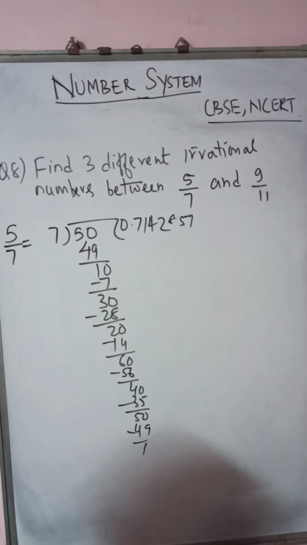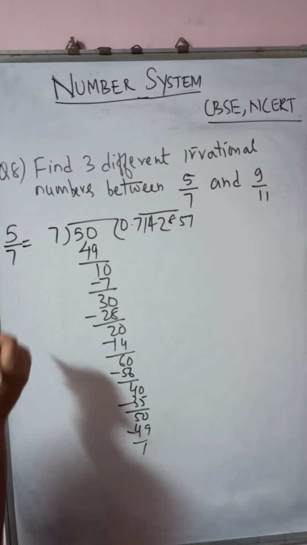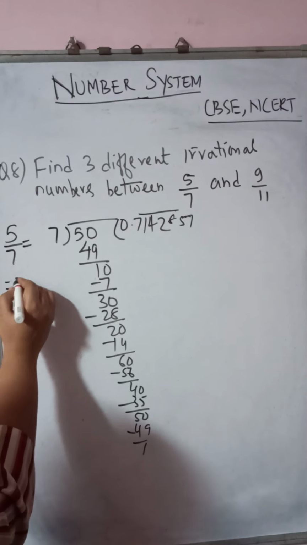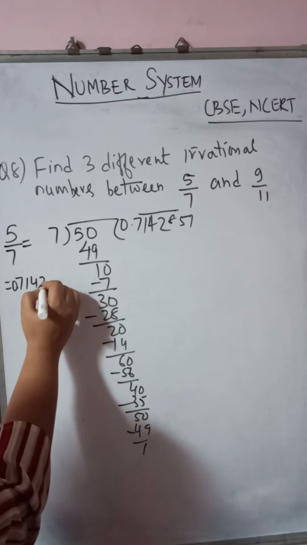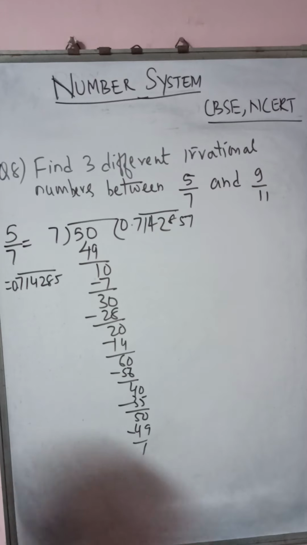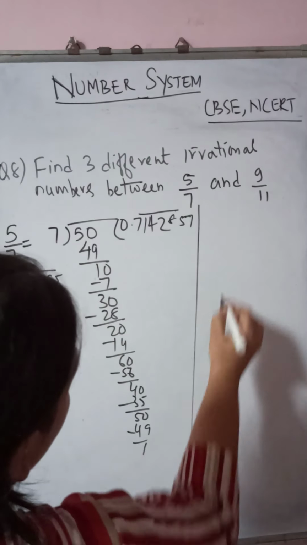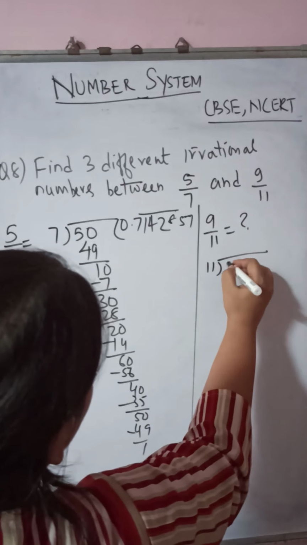Again it is repeating from here onwards. So the decimal expansion of this is 0.714285 repeating. Now what is the other number? 9 by 11. We'll just check by dividing.